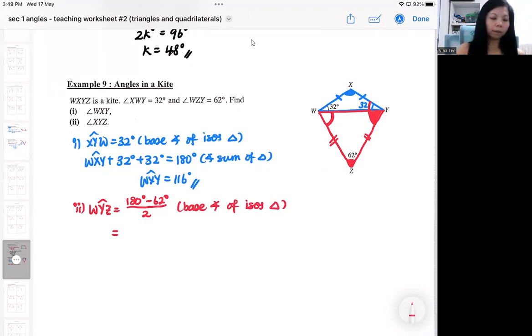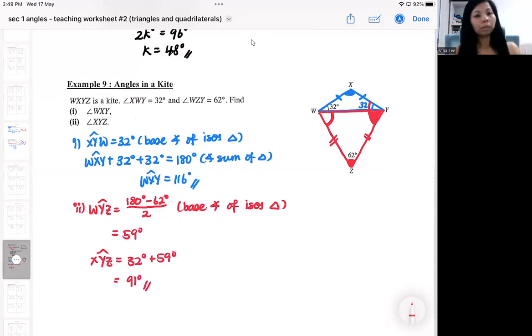The final one will just be 32 degrees adding up with 59 degrees.